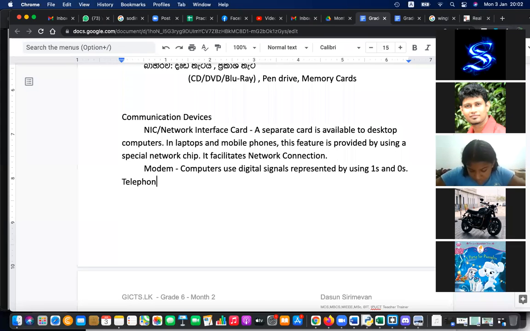Telephone network uses analog signals which has a range.